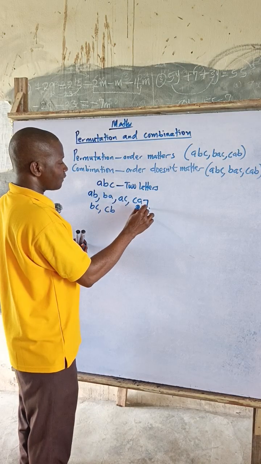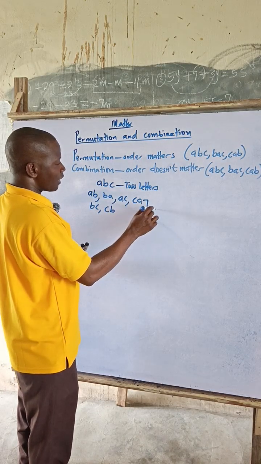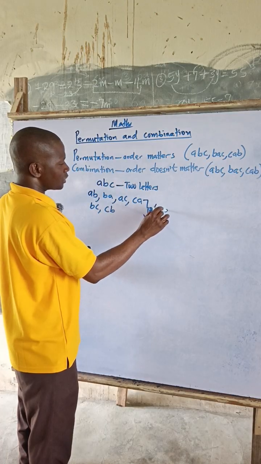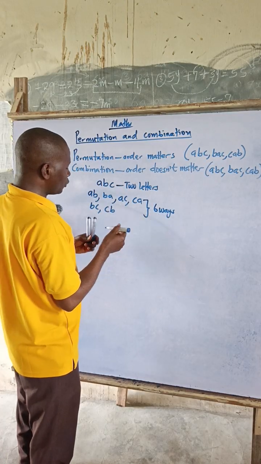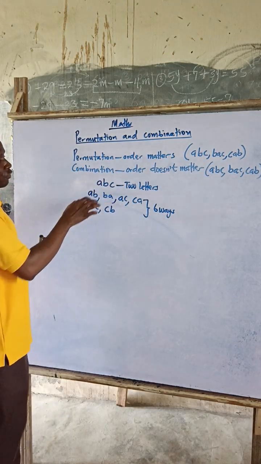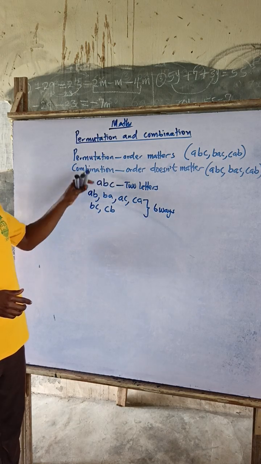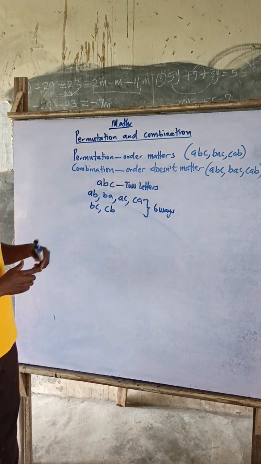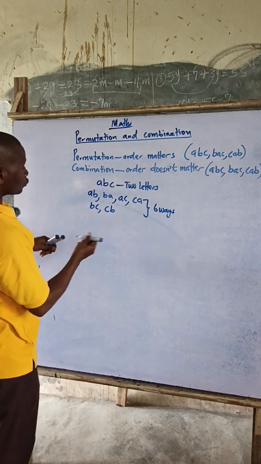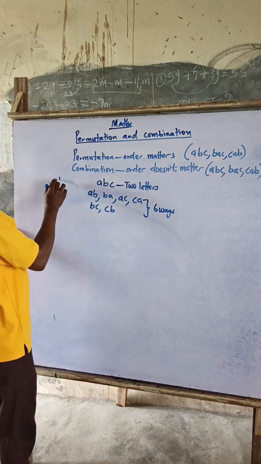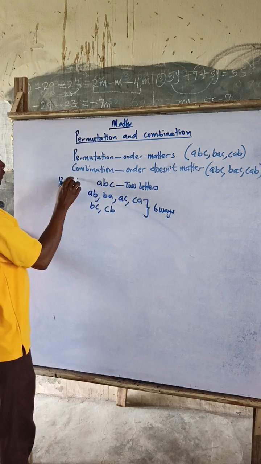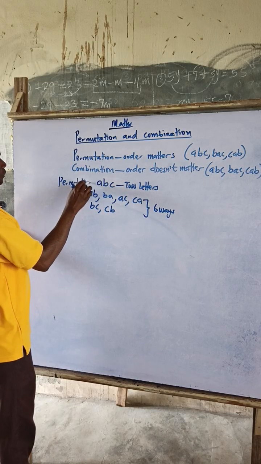So how many ways can two letters be arranged from A, B, C in which the order of the arrangement matters? There are 6 ways. That is permutation.